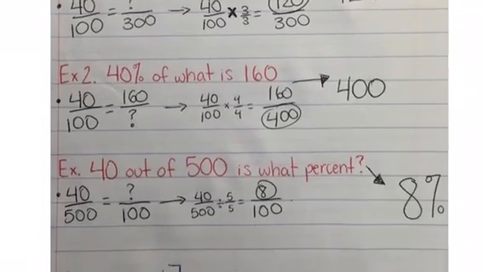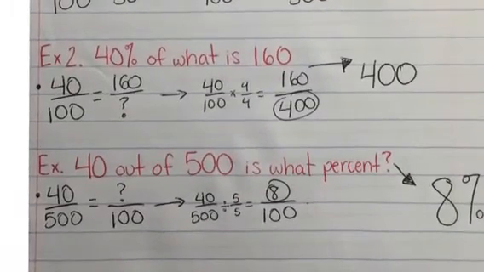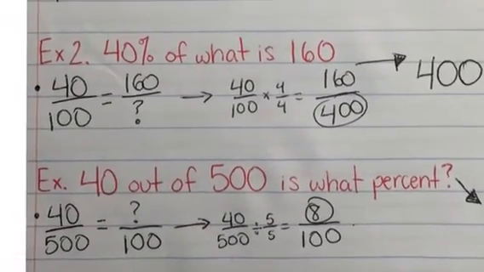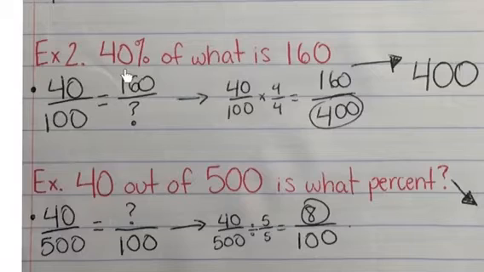So let's take a look at example number 2. Example number 2 says 40% of what is 160. So let's identify what we're working with here. The 40%, yet again, obviously, is the percent because it says percent. So we have that.